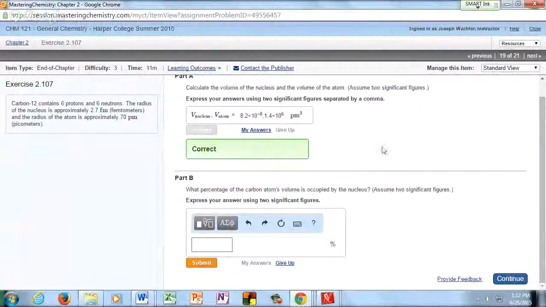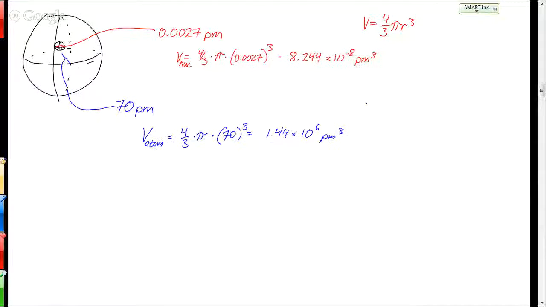Okay. What percentage of the atom's volume is occupied by the nucleus? So to get a percentage for the volume, we should be able to divide these and then convert to a percentage, right?